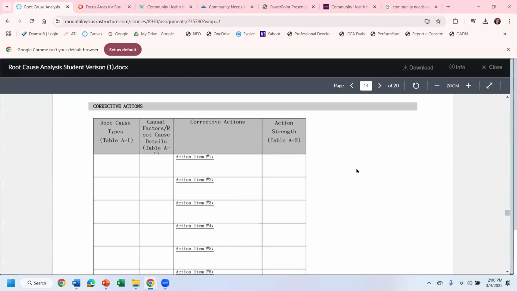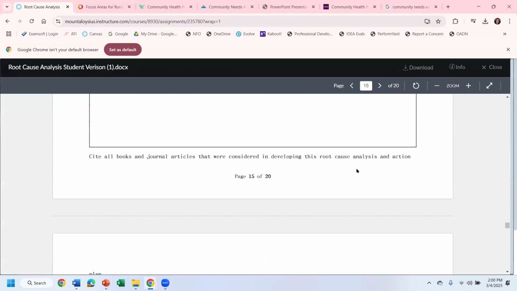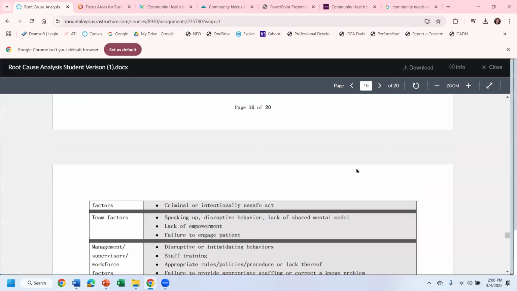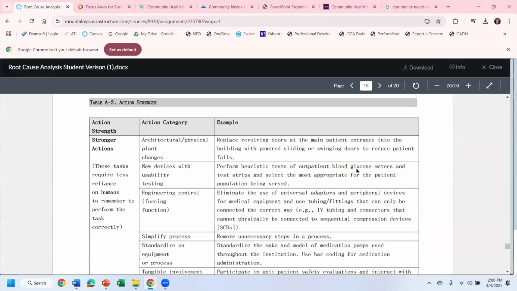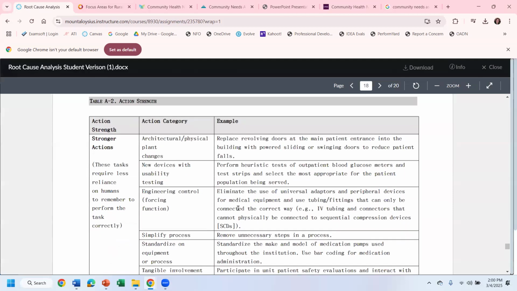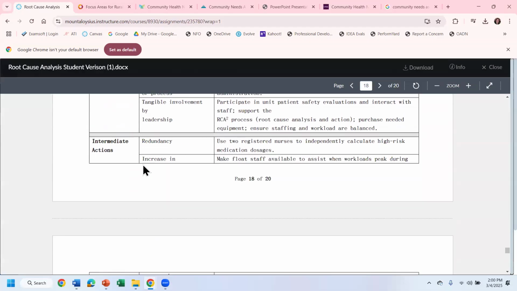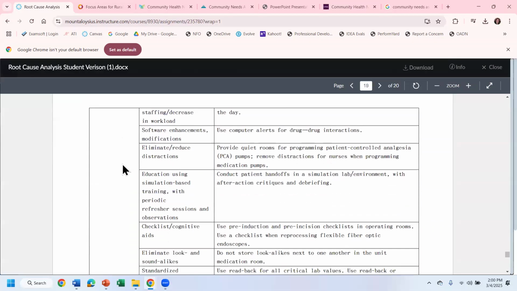And I'm going to scroll a little bit again to table A2. So if it's an architectural or a physical plant change, it's a stronger action. If it's redundancy, so if there's double checks, then that's an intermediate action.